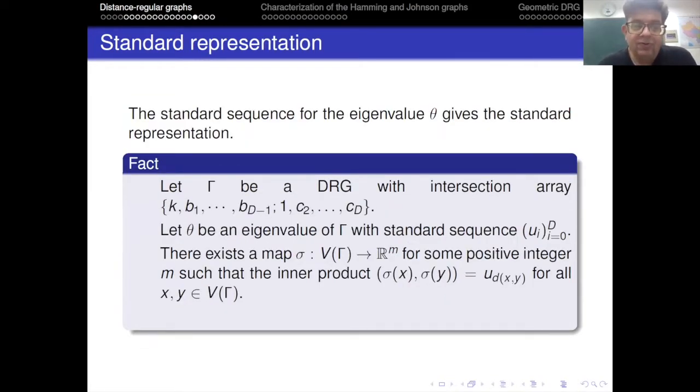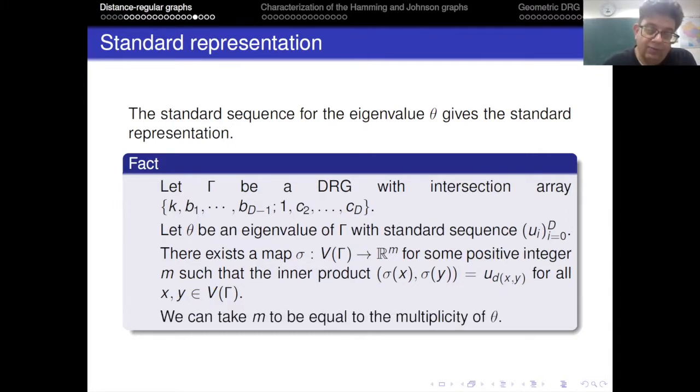And now we look at the standard representation. So the fact is the following. We have a distance-regular graph gamma with the intersection array as follows, and let theta be an eigenvalue of gamma with standard sequence u_i. Then there exists a map sigma from the vertices to R^m, the Euclidean space of dimension m for some positive integer m, such that the inner product of sigma(x) and sigma(y) is u_{d(x,y)} for all x and y in gamma.